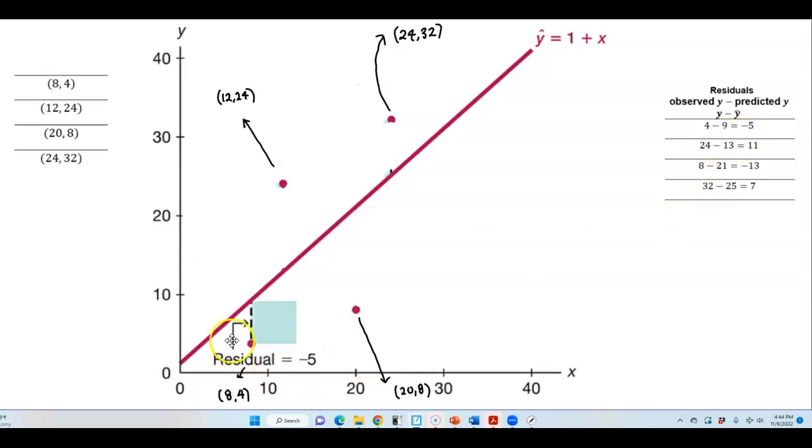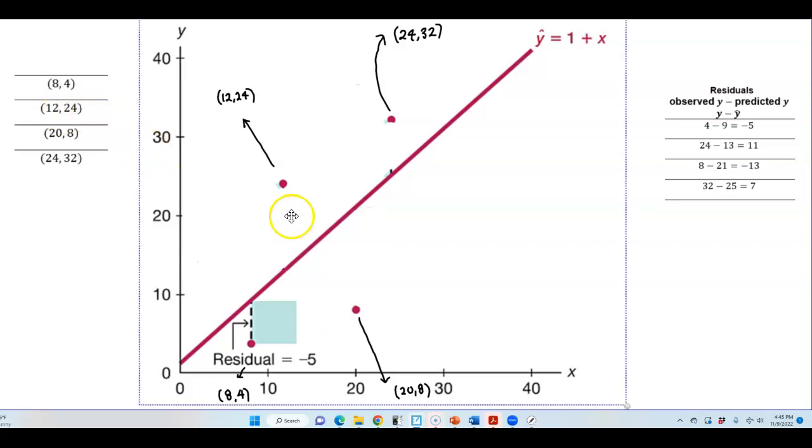This represents the distance from this point, which is (8, 4), to the point that is on the line. So the distance is -5. Therefore, it is below that line, and we have a residual of -5. Okay, let's take a look at the next point, which is (12, 24).